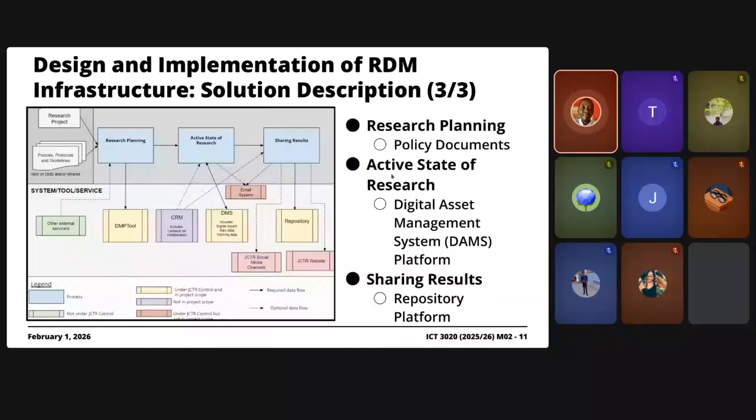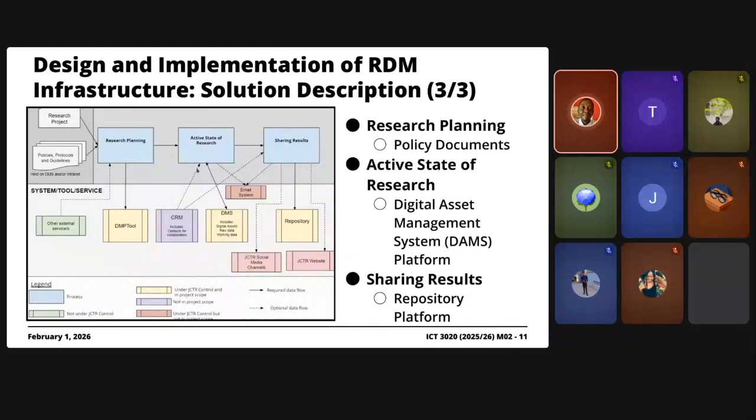And so we realized that the framework that we were implementing, or that we were expected to come up with, was not really going to be holistic, but it would be represented by a series of tools and services. So we realized early on that the DMP tool, for instance, would be better placed to help us handle the research planning, right?